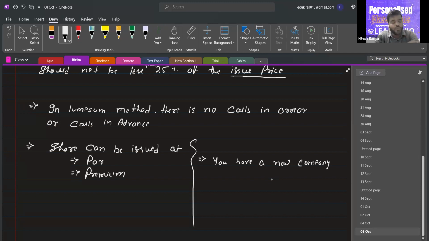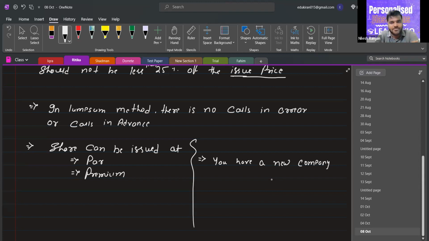This is the first thing a company will do when it wants to sell its shares. If we can issue our share at a discount, then we can easily get 90% subscription.